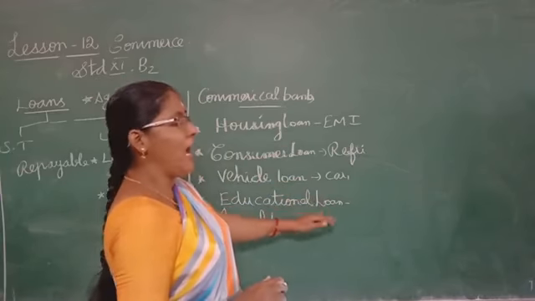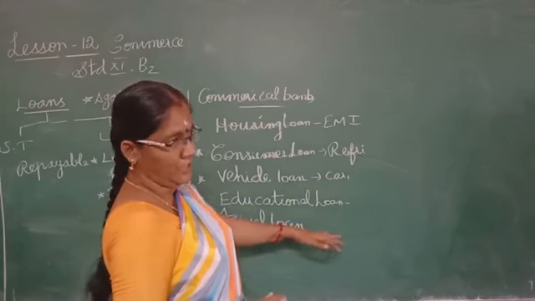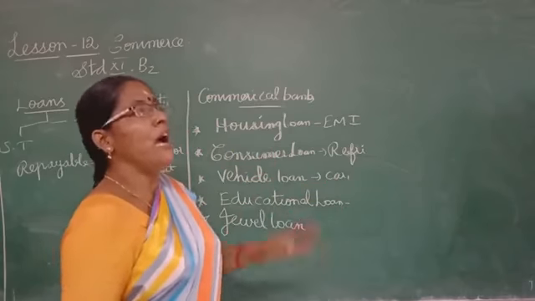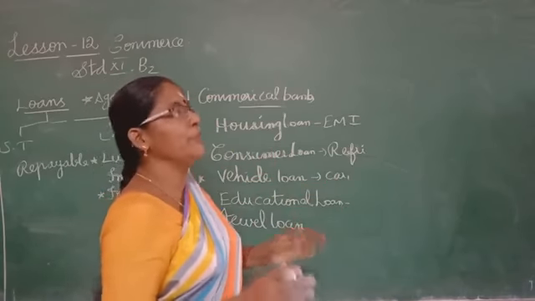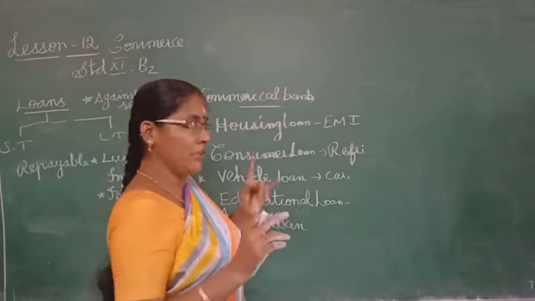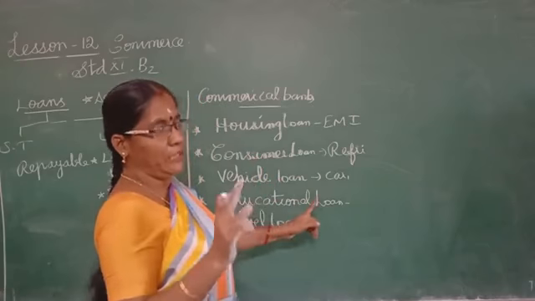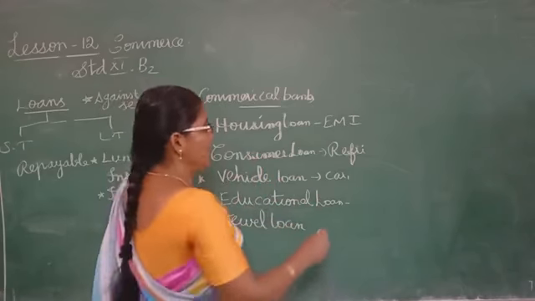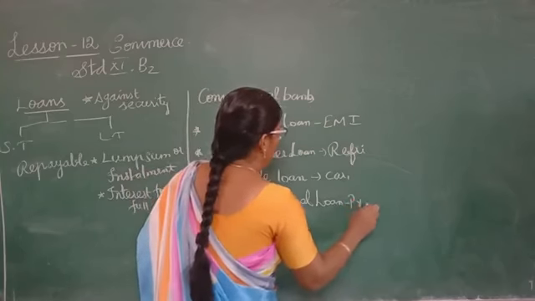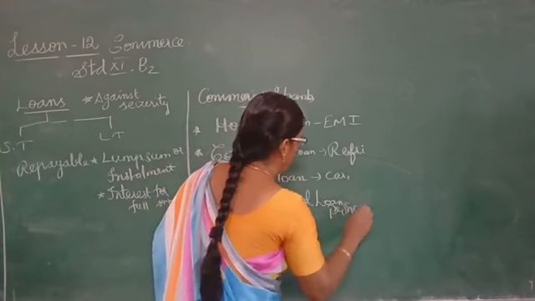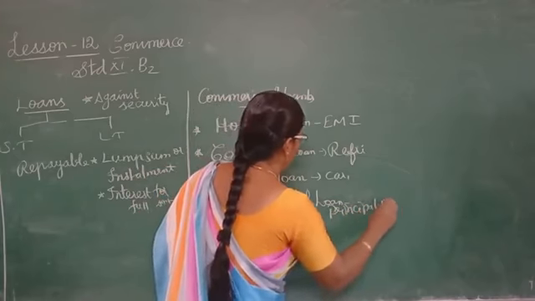And after completing your education, they will give a holiday period of 1 year. After getting the job, you have the holiday period for 1 year. After that only you are going to repay the amount, principal with the interest.